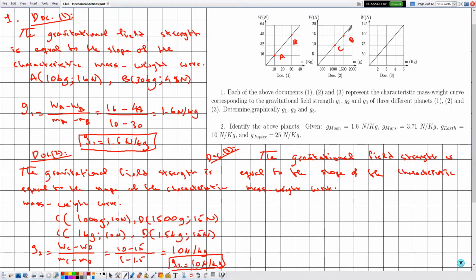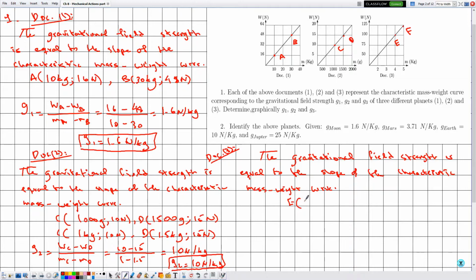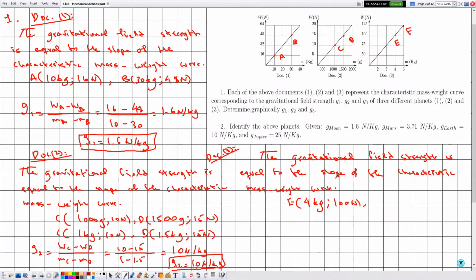And by this, let me choose 2 points on the graph. Let me choose that this is the point E and this is the point F, say for example. Now the coordinates of E and F are given by: E, 4 kilograms corresponding to 100 newtons. And as for the point F, we have 5 kilograms corresponding to 125 newtons.